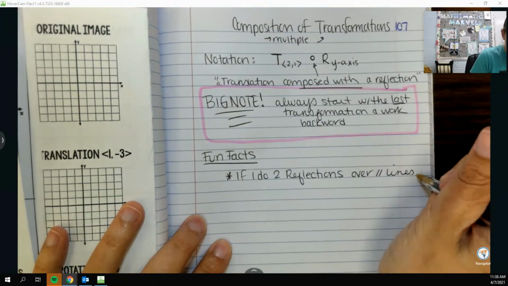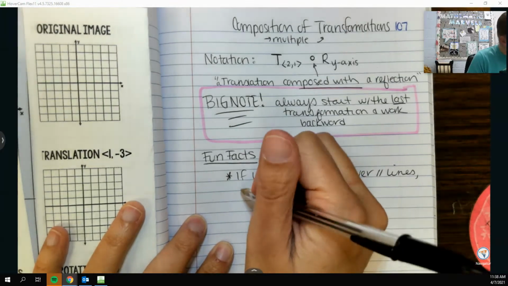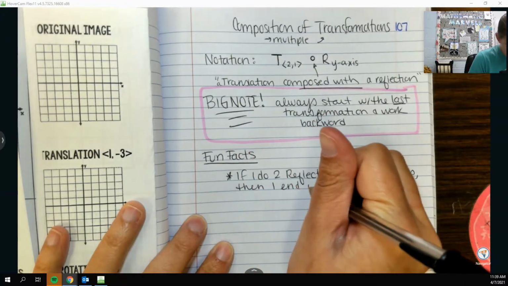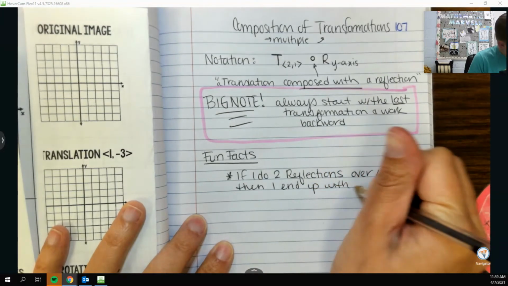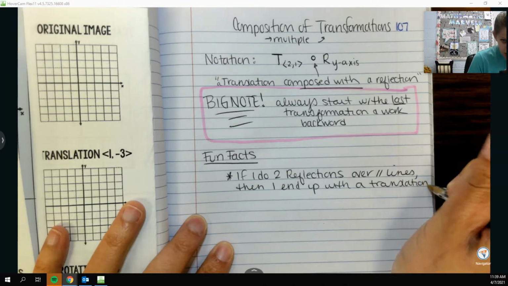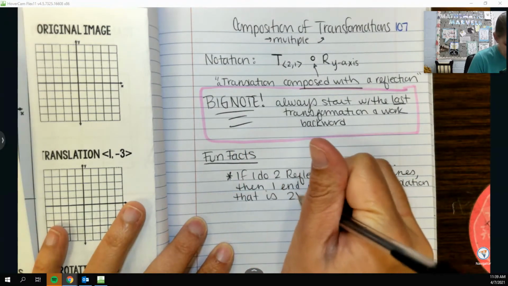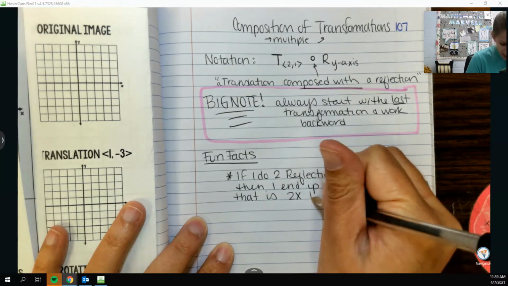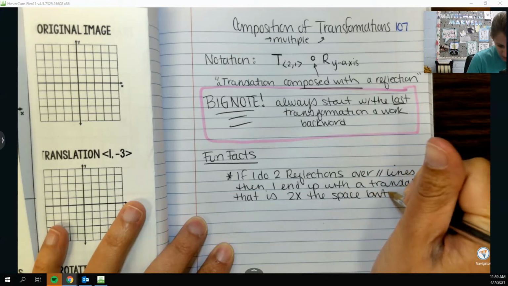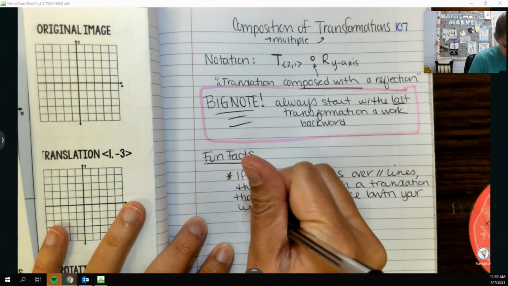You really have a translation instead. So if I do 2 reflections over parallel lines, then I end up with a translation that is 2 times the space between your lines of reflection.